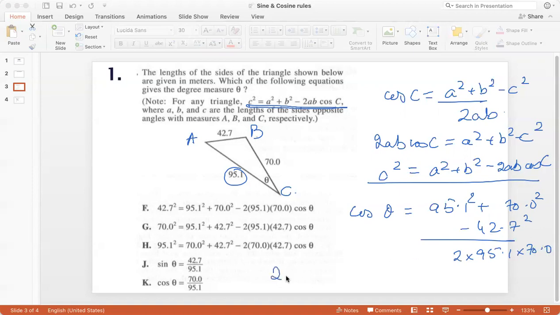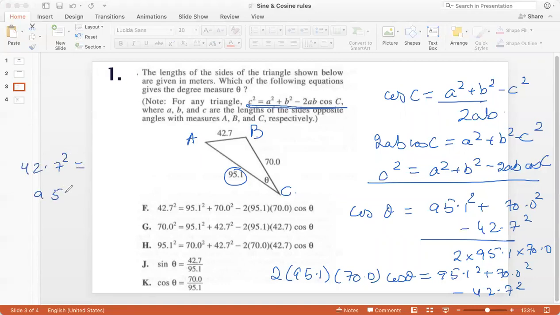So if I write 2 times 95.1 times 70.0 cos theta, that's 95.1 squared plus 70.0 squared minus 42.7 squared, which if I rearrange, I can write as 42.7 squared is 95.1 squared plus 70.0 squared minus 2 times 95.1 into 70.0 cos theta.